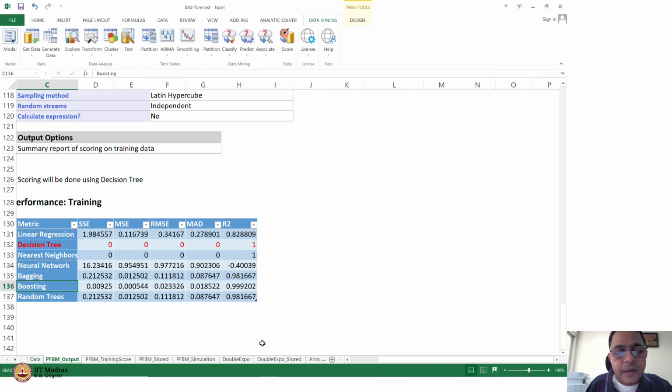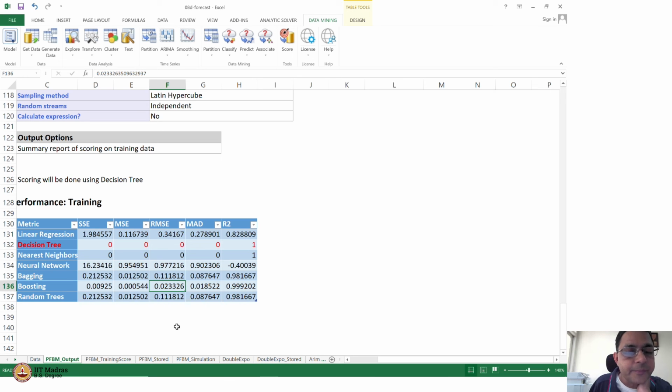So instead of selecting double exponential first and then ARIMA and then going ahead, here is a consolidated result which tells me that if I go with regression, I'm going to get a maximum R squared of 0.82. However, if I go with boosting, my R squared is going to be really amazing. If I, on the other hand, want to minimize the RMSE, 0.02 RMSE, yeah, RMSE is also pretty good.